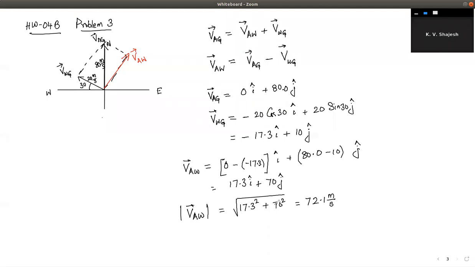And in what direction should it head? So the velocity of the airplane with respect to the wind is in the first quadrant. That's the angle theta. This is 17.3 and that's 70. It's significantly bent towards the y direction. So the angle theta would be tan inverse of 70 over 17.3.